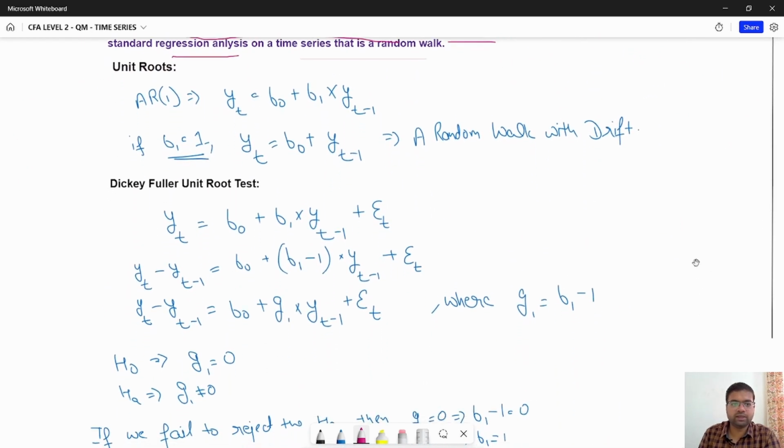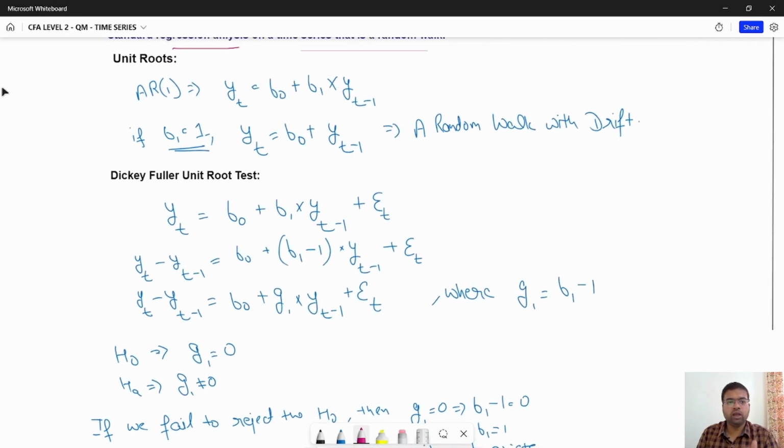Now let's discuss the unit roots. We know that the AR1 model is yt is equal to b0 plus b1 times yt minus 1. If b1 is equal to 1, if the slope coefficient is equal to 1, yt becomes yt is equal to b naught plus yt minus 1. This is a random walk with drift term.